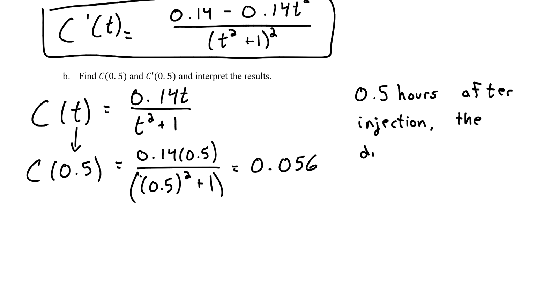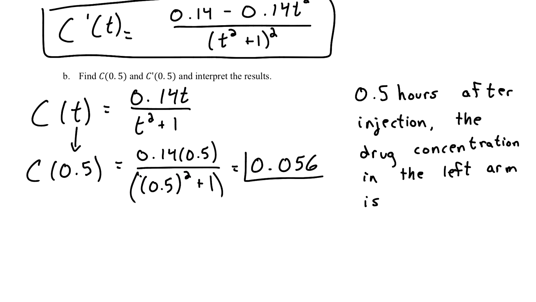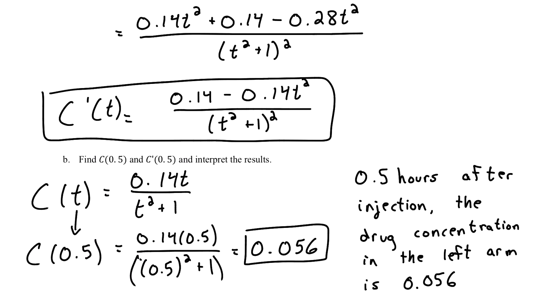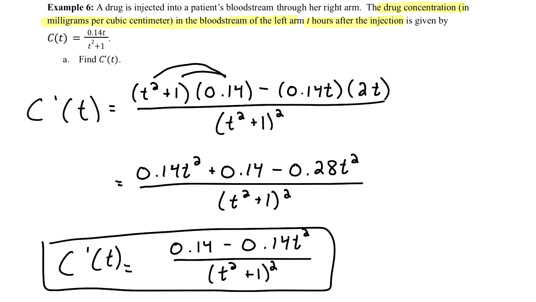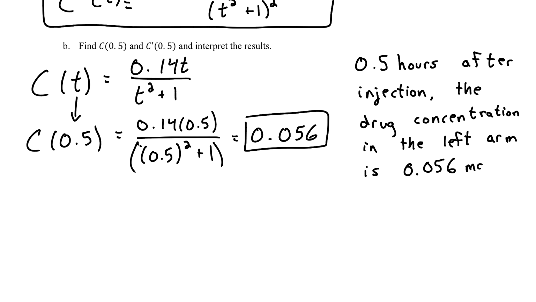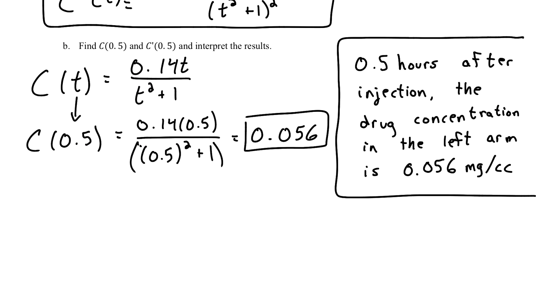The drug concentration in the left arm is simply the number that we found, this 0.056. Let me double check my units here. Milligrams per cubic centimeter. So here, since we're working with the original function, this isn't a statement of change. Nothing is increasing or decreasing here. This is what the drug concentration is at this point in time.